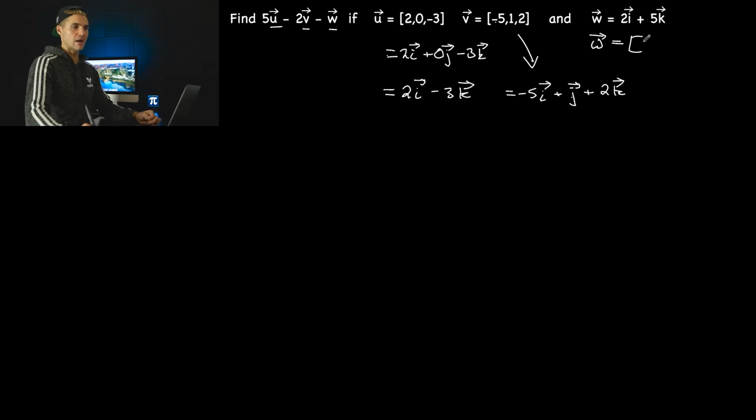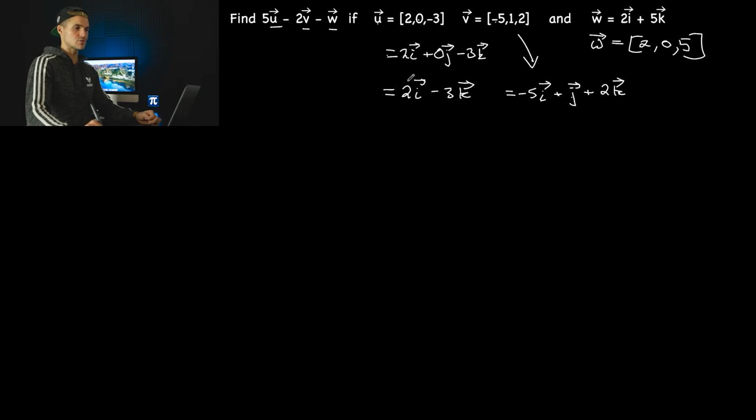So the i represents the x. Notice that there's no j here, so that would give us a j value of 0, very similar to how u has a y component of 0. Because there's no j here, the y component is going to be 0, and then this is going to be 5.